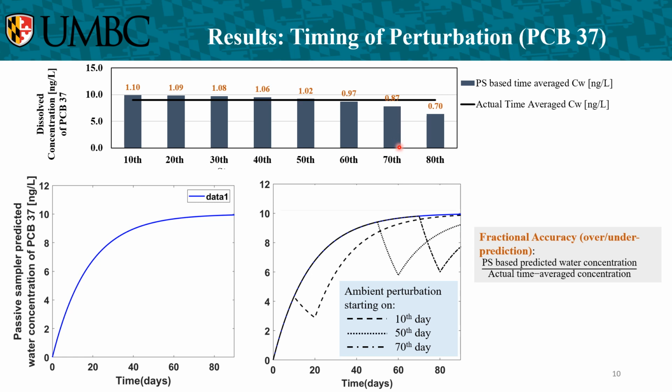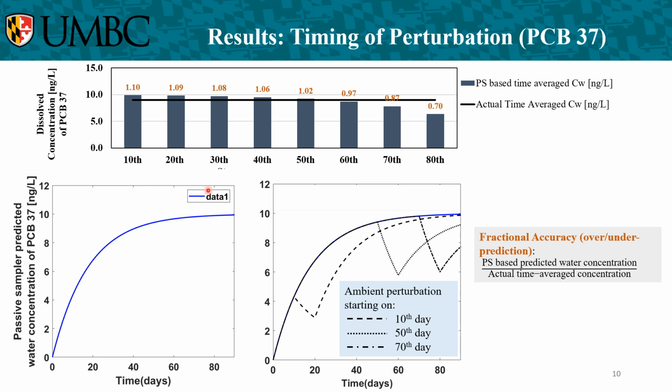actual time averaged concentrations. So when the starting day of the pulse moves closer to the 90th day, which is the end of the exposure period, the effect of the perturbation is very freshly felt by the sampler and we end up underestimating the actual time averaged concentration. But as the starting day of the perturbation moves farther away from the 90th day, the effect of the perturbation felt by the sampler also fades away until it almost seems that the perturbation never happened.